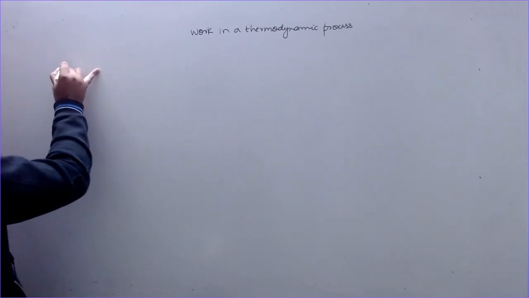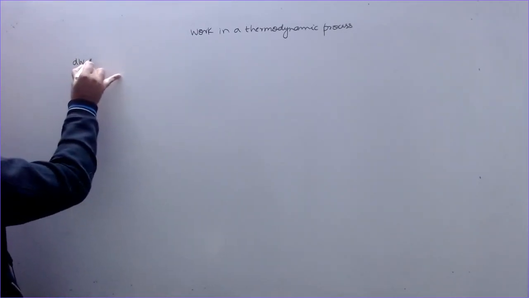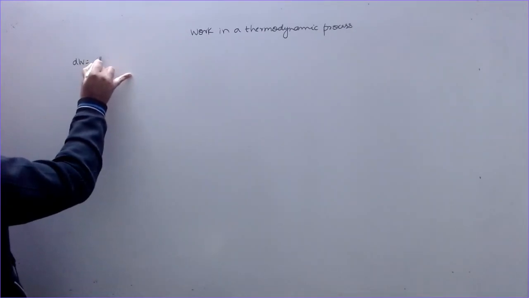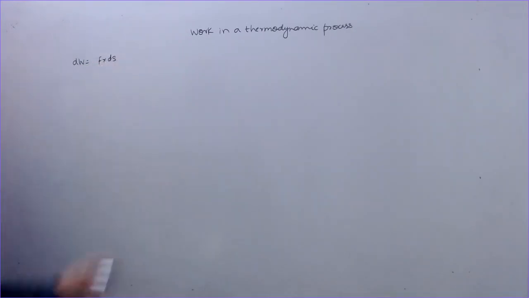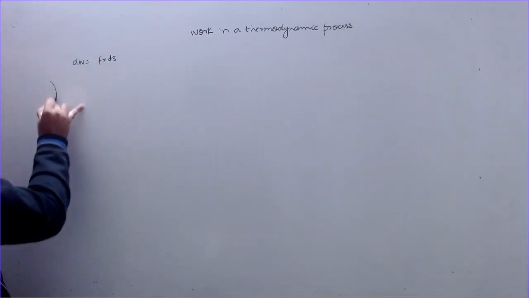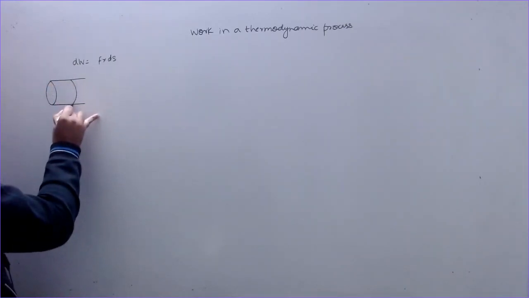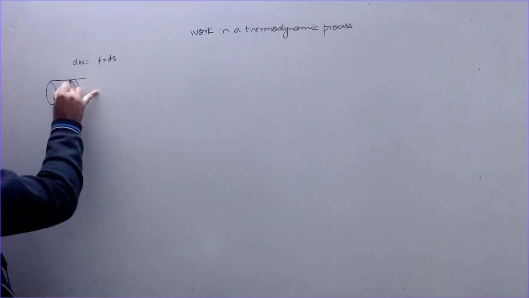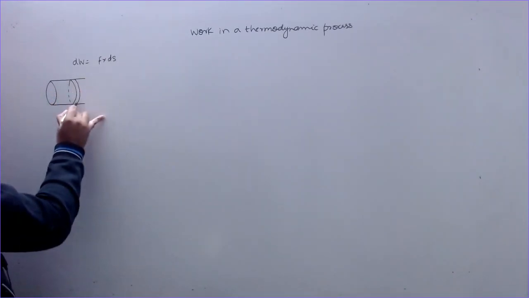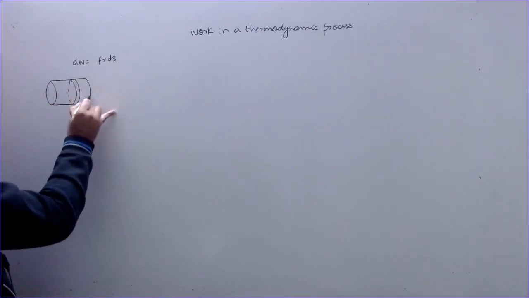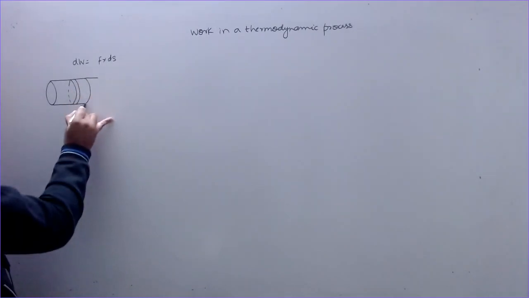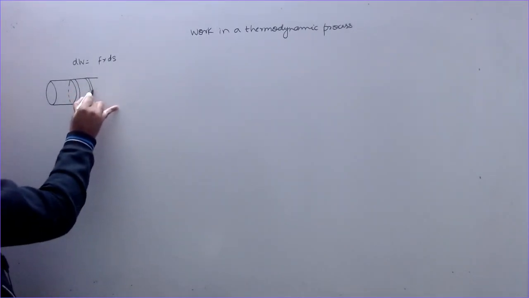As you know, for a system, work done is equal to the force multiplied by the displacement during a process. dW is equal to this. So suppose we have this system which contains the piston and the cylinder arrangement, and it moves from this point to this point when certain pressure is applied on this.